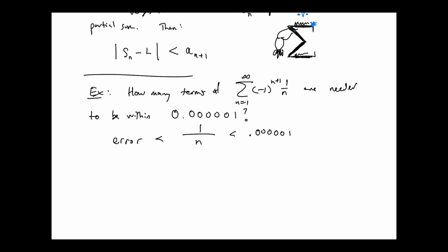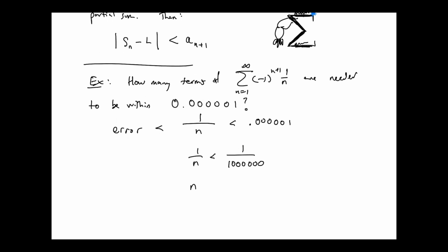Okay, so the error is always less than the first term omitted. So let me call the first term I omitted 1 over n, right? And I'm going to solve for n. And I want that to be less than 0.000001, right? Okay, so let's actually be smart about this and write this as 1 over n is less than 1 over a million. So what does n have to be? The million and first, right? So n would have to be bigger than a million.